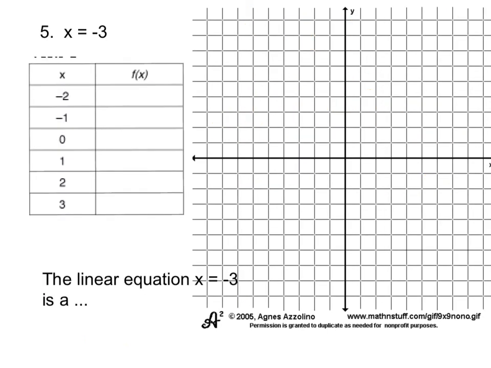Example number 5 is the opposite. It's not y equals -3, it's x equals -3. So that means that all of these values here are -3. Every single one. And now we're going to reverse our thinking and put anything we want in the y column. Any values will work.